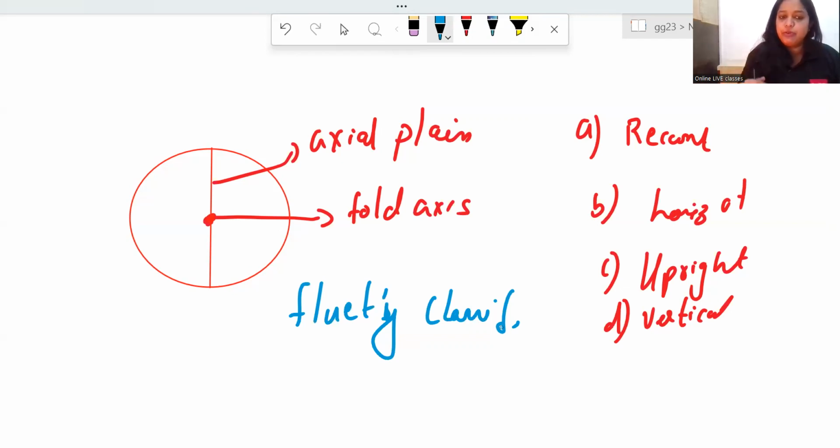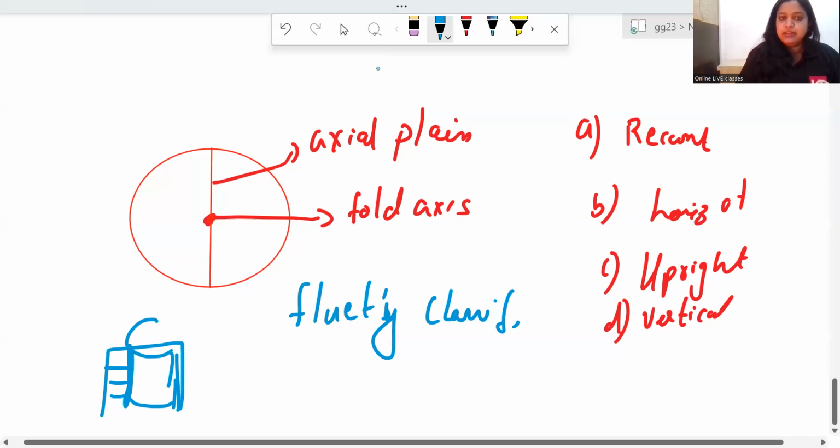Upright fold means the fold axis is horizontal or 0 and the axial plane is at 90. Vertical fold means the fold axis is 90 and the axial surface is also 90.